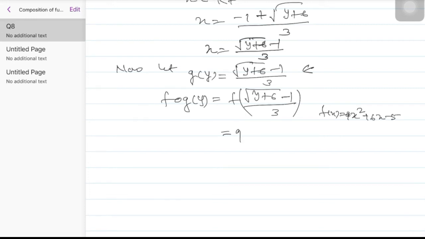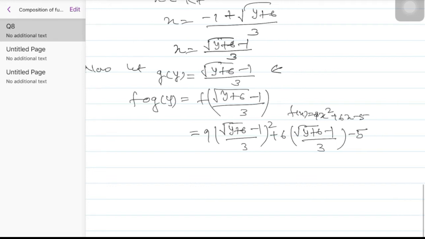So it will be 9 times the square root of y plus 6 minus 1 divided by 3, squared, plus 6 times the square root of y plus 6 minus 1 divided by 3, minus 5.